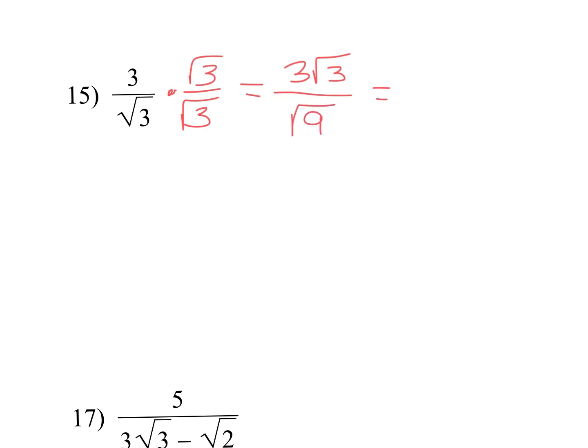We still have a radical in the bottom, but it's a perfect square. Can I do anything with the top? Nope. So I have 3 square root of 3. Bottom turns to 3. Can I simplify anything else? Yes, the 3's can cancel each other out, so I'm left with square root of 3.